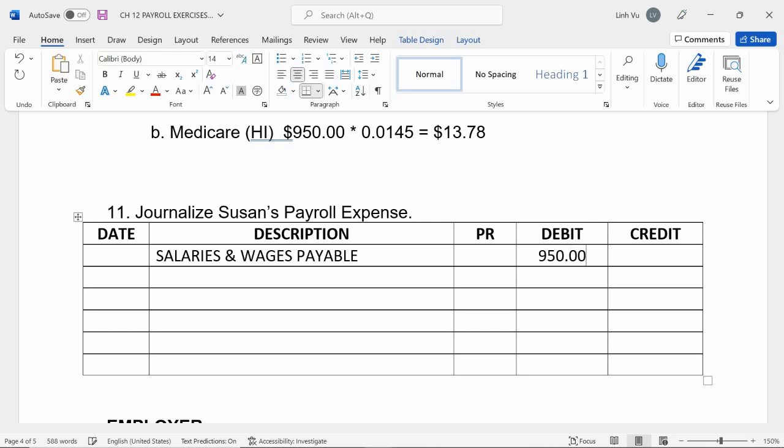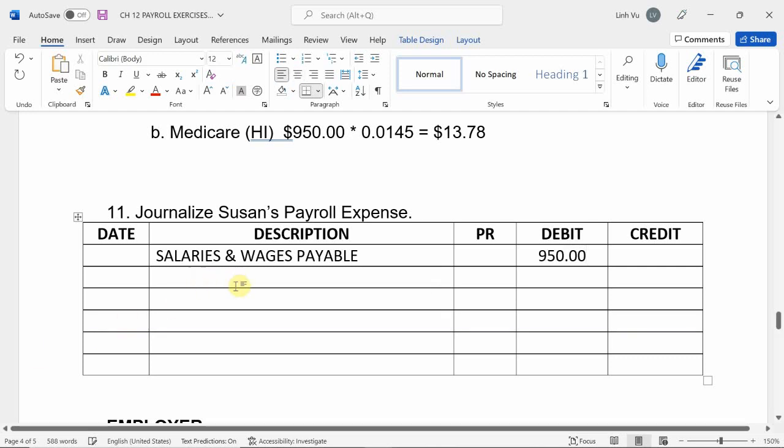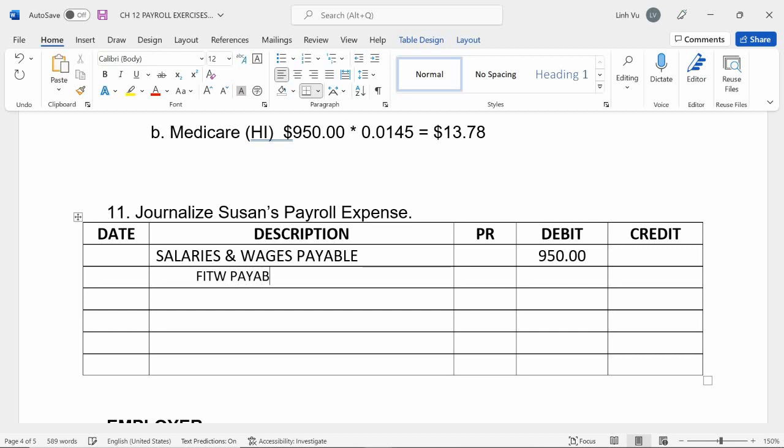And then you credit federal tax withholding payable, Social Security payable, and Medicare payable based on the numbers that you've got. And then checking is the remainder.